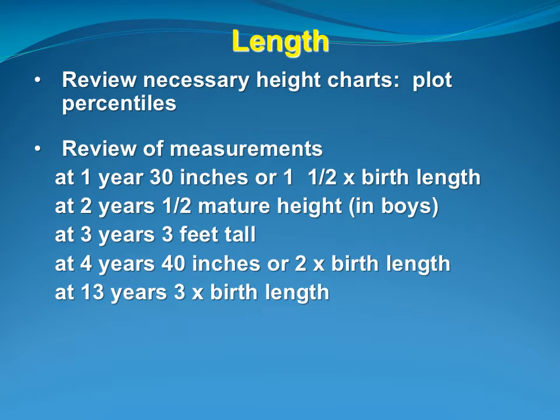As you can see in this slide, a 1-year-old child is approximately 1.5 times the birth length, or approximately 30 inches, whereas a 3-year-old child is approximately 3 feet tall. And a 13-year-old teenager has 3 times his birth length, which is approximately 150 centimeters.